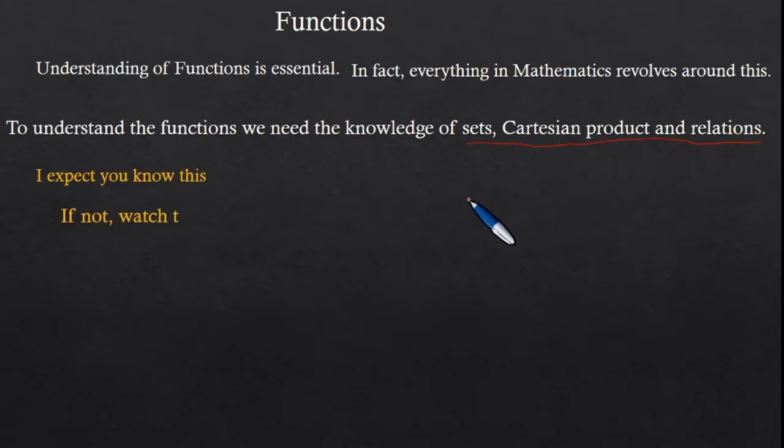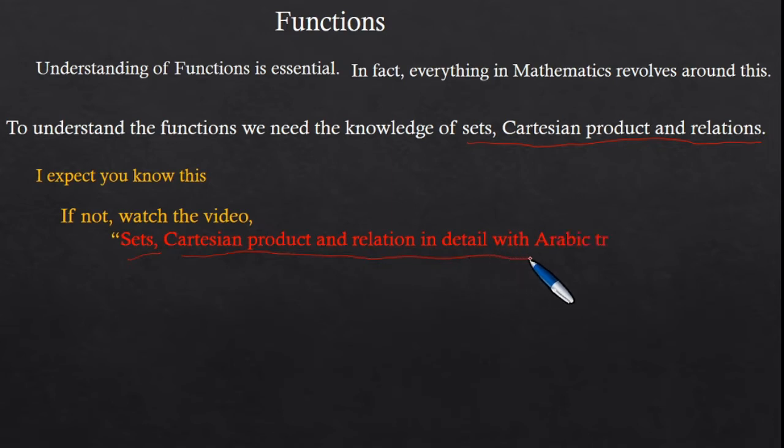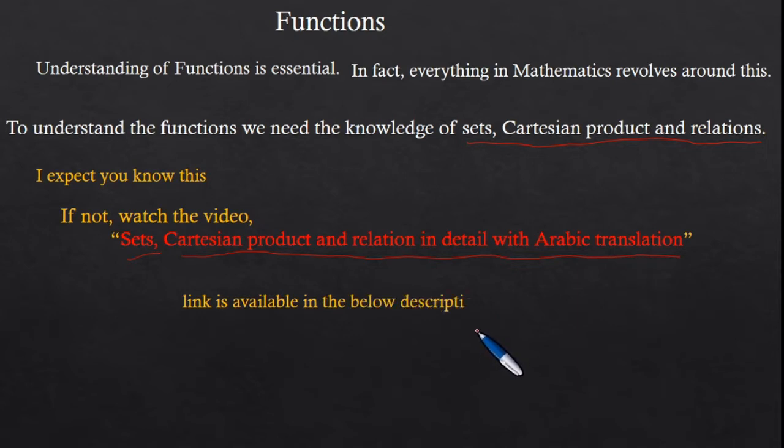If not, watch the video Sets, Cartesian product, and relations in detail with Arabic translation. The link is available in the description box below. So understanding of these relations is very important to understand functions. If you are not aware of this, please watch this video.